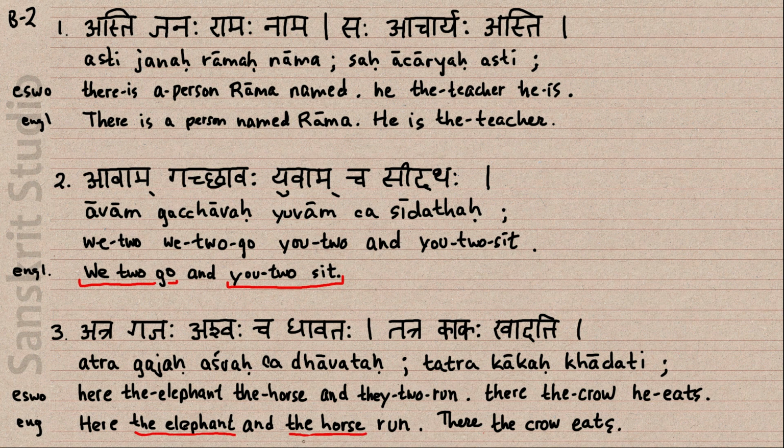So it's the gajaha and ashvaha, so it's a word type of and, not a clause type of and. Okay, good. So here the elephant and the horse run. There the crow eats. Okay, good. I think we're practically finished. The punctuation seems reasonable also.